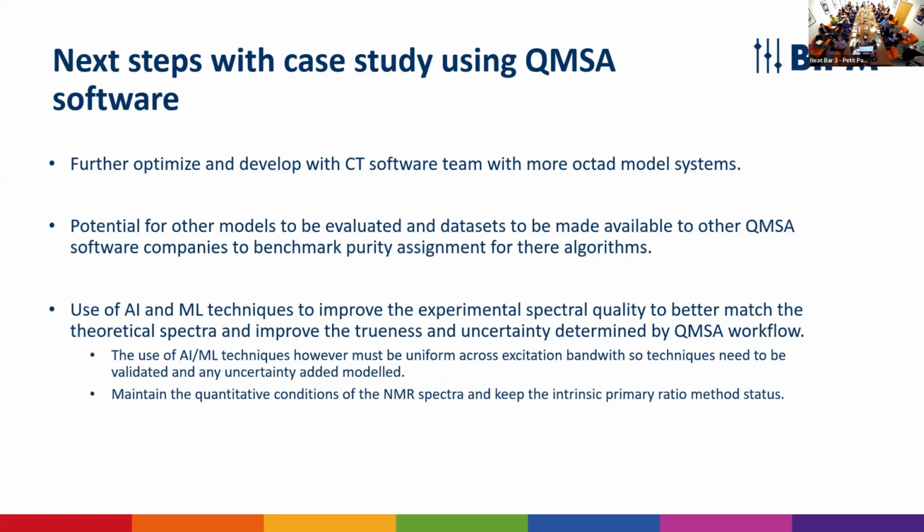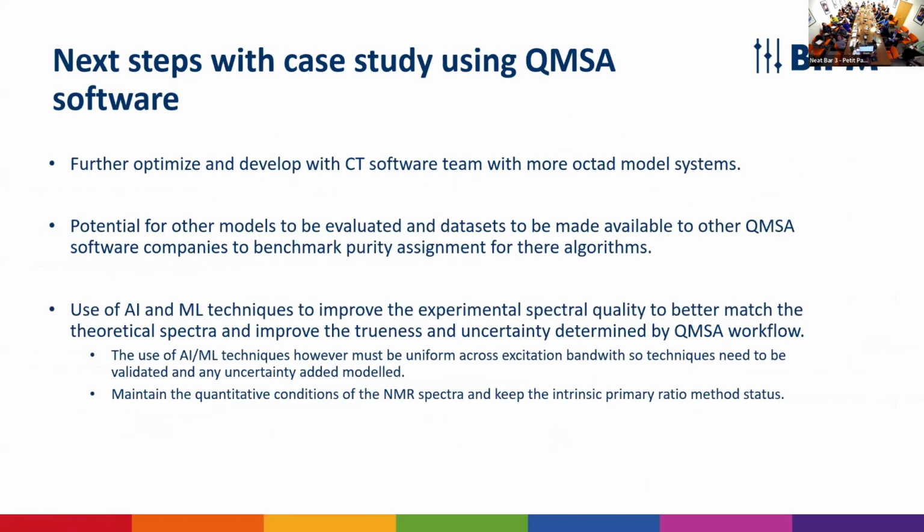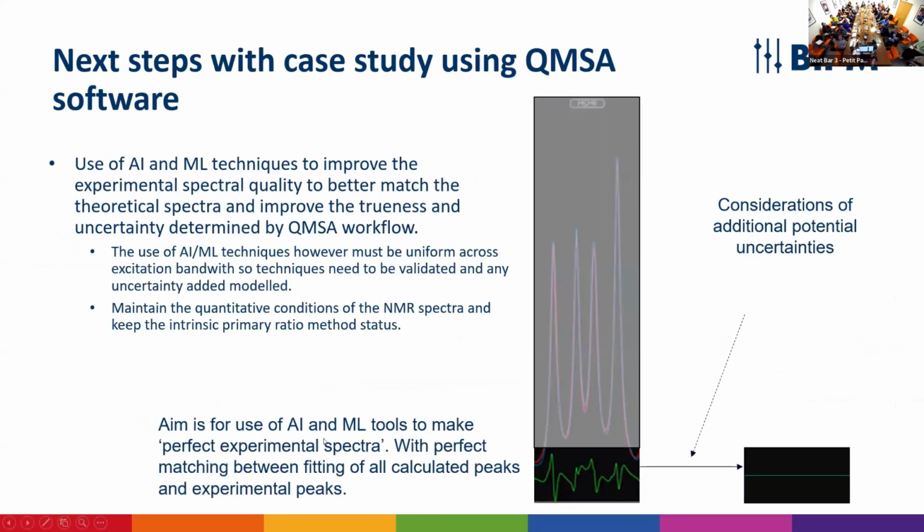And then also looking at AI machine learning, because the main thing driving this discrepancy between values and uncertainty was these residual values here, as previously talked about in the deconvolution uncertainty measurement talk. So can we investigate the use of AI machine learning and deep learning techniques to enhance the experimental spectral quality, to essentially drop this residual down to a flat line?